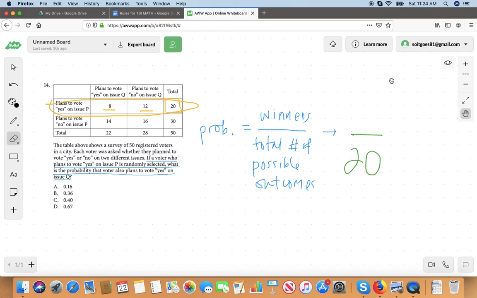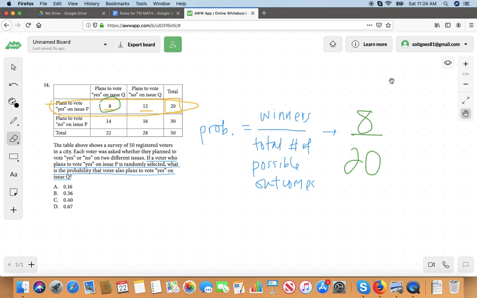Well, 8 are voting yes and 12 are voting no. But 8 is our winning outcome, the outcome we're looking for. There's 8 voters out of the 20 that are voting yes on Q and yes on P. So I'm going to put 8 in the numerator.